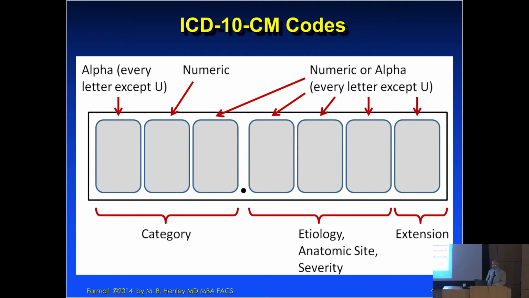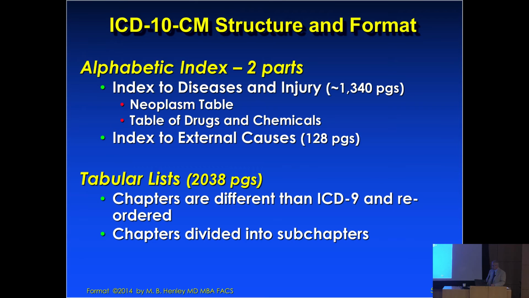For example, you can have diabetes that's poorly controlled. And then there's a 7th character extension, which is required for many, many musculoskeletal codes, but not all others. So it's in 2 parts. The index to diseases is about 1,340 pages. Then there's a table of drugs and chemicals, and then there's an index to external causes, which I'll review.